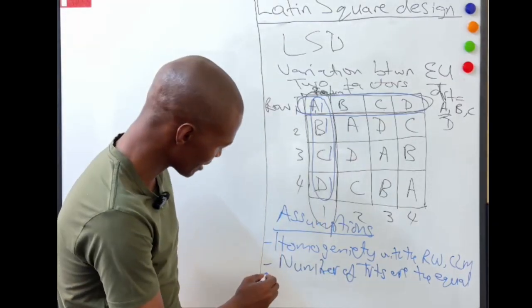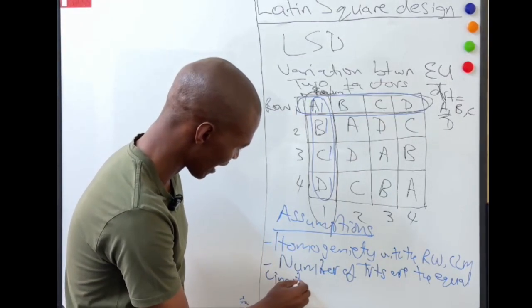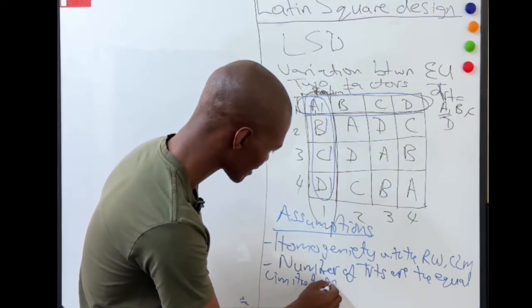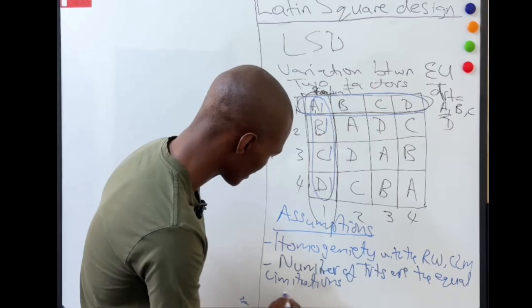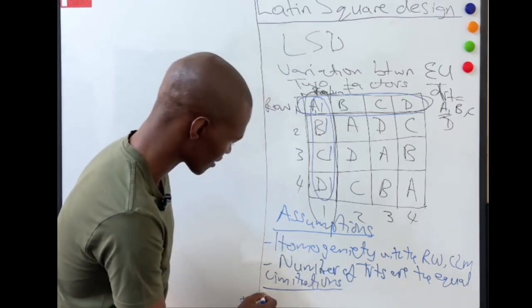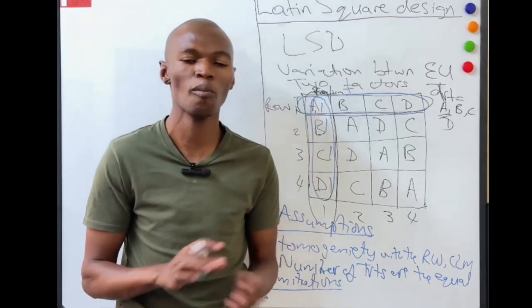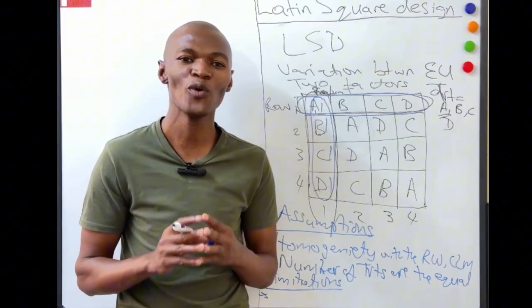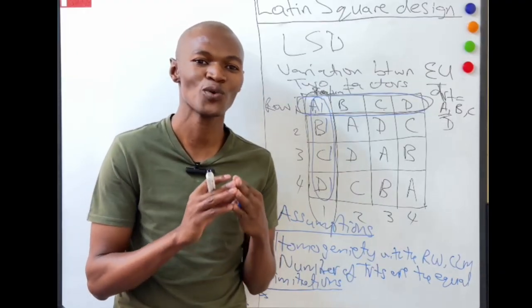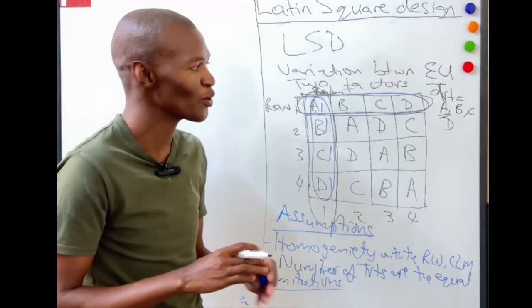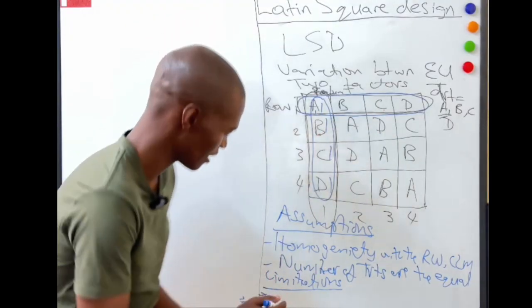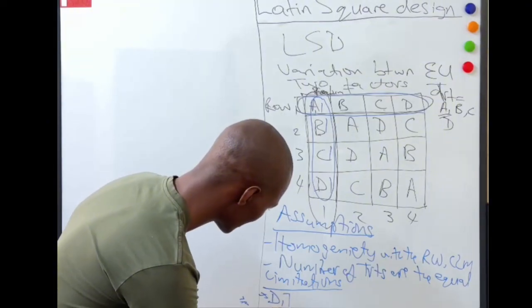Then we also have the limitations, like the other experimental designs. The Latin square design also has limitations. One of the common limitations in this experimental design is that it is always difficult to lay out your treatments once we have many of them.